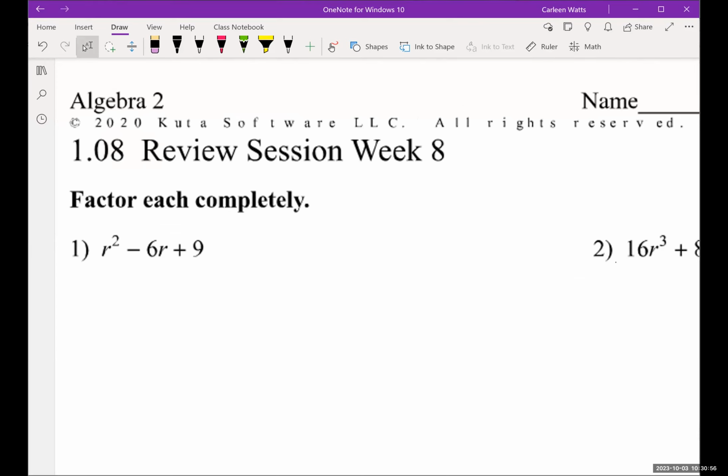Now, if you want to know how can I prepare for my next exam, you need to understand everything on the practice exam. I know some people that would even make flashcards of the problems on the practice exam. They look at it, they picture how to do it, they do it. So the practice exam is this week, and you need to understand everything on it.